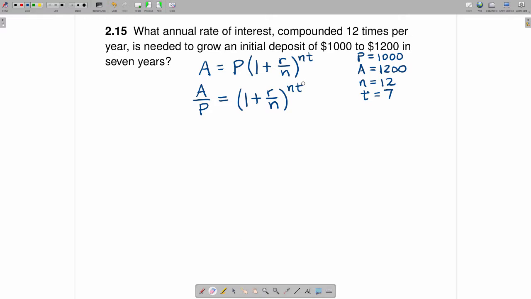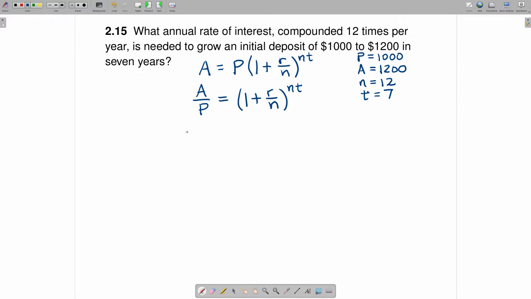Now, at this point, what we're looking for is the rate, but we want to get rid of this power here. Think of this power for a minute. If this were the power 2, in other words, this quantity here was squared, we would take the square root of both sides. If this power here happened to be 3, which is this thing raised to the third power, then we would raise both sides of this equation to the 1/3 power.